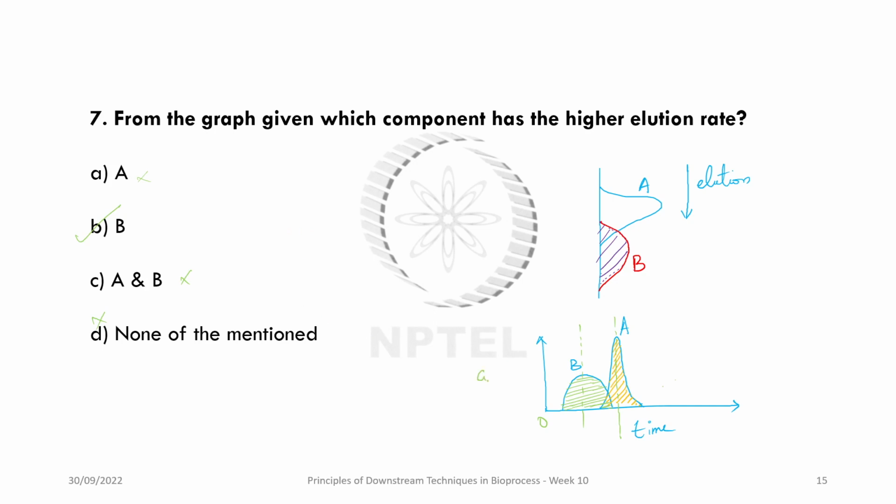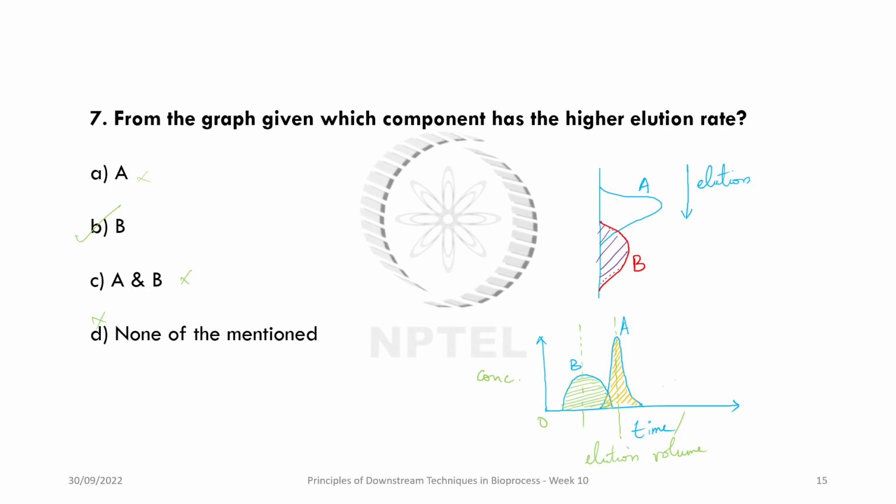This is concentration, and with elution volume also you can look at this, right? Time or elution volume. Both will tell you that whichever compound comes first has a higher elution rate. I've drawn a broader B so that you don't confuse the rate of elution with the peak width.